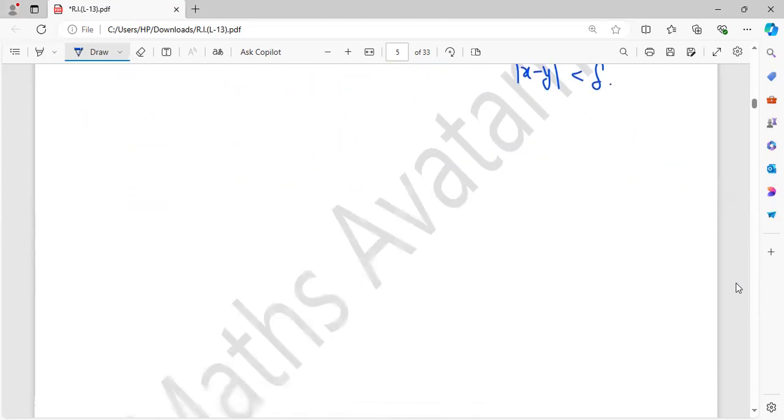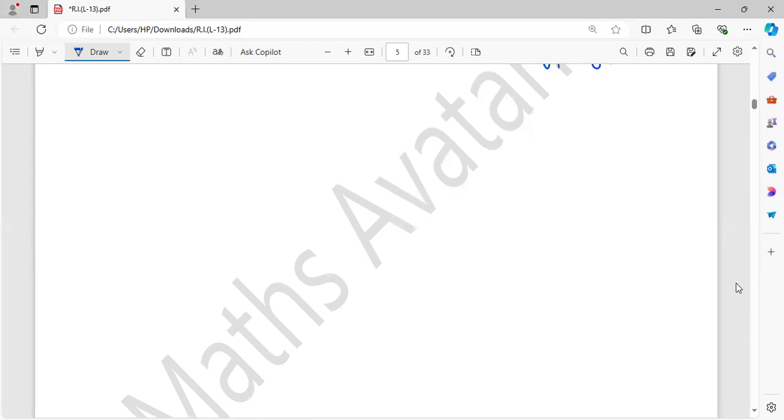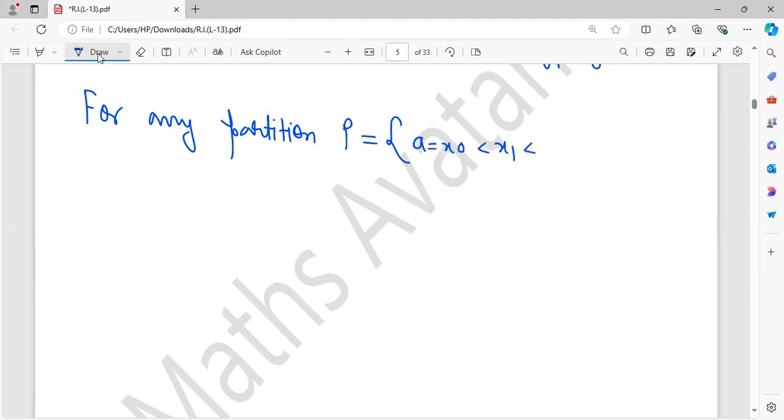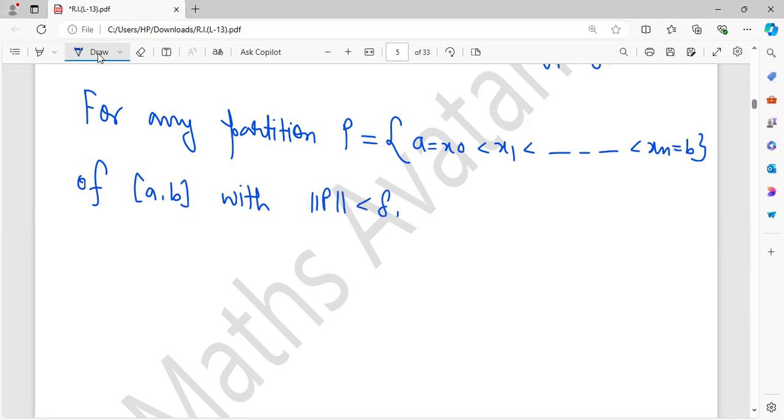Take any partition P = {x_0, x_1, ..., x_n} of closed interval [a,b] with norm of P less than delta.